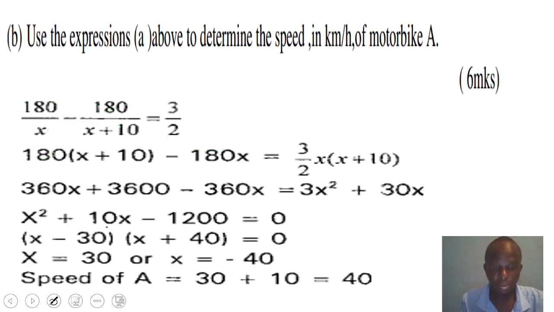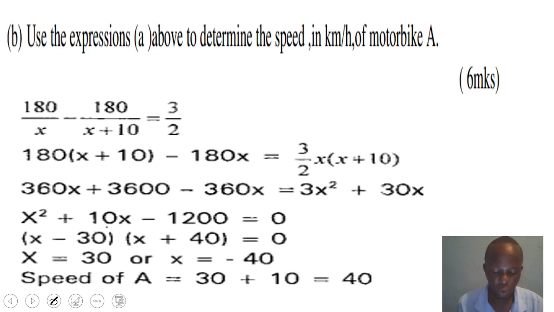Now opening the brackets, it leads to a quadratic equation. The purpose of this lesson was not to teach quadratic equations, but I'll prepare another video on quadratic equations. Solving this quadratic equation can use factorization, the completing the square method, or the quadratic formula.